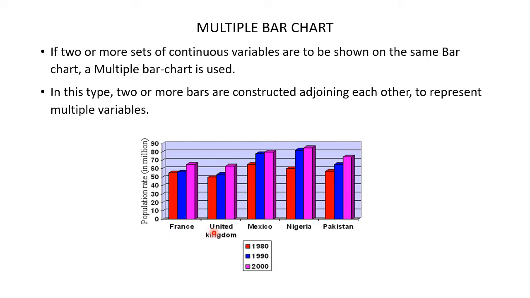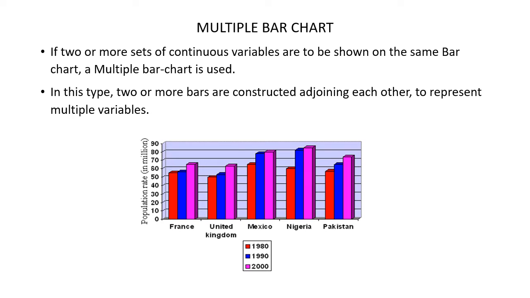Now the different countries are plotted along the x-axis here, and the population rate in millions is plotted along the y-axis here. Now it's also given that the red color bar indicates the population rate in 1980. The blue color bar indicates the population rate in 1990, and the purple color bar indicates the population rate in the year 2000.